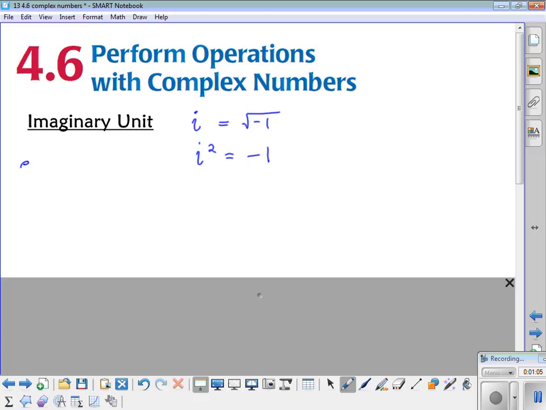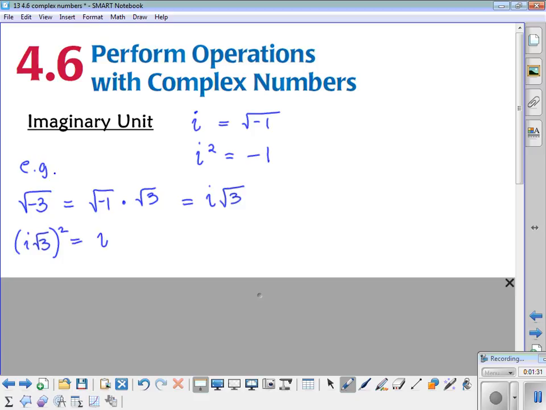So for example, if I have the square root of -3, that's like the square root of -1 times the square root of 3, right? So instead of the square root of -1, I just write i root 3. Going the other direction, suppose I take that i root 3 and I square it.